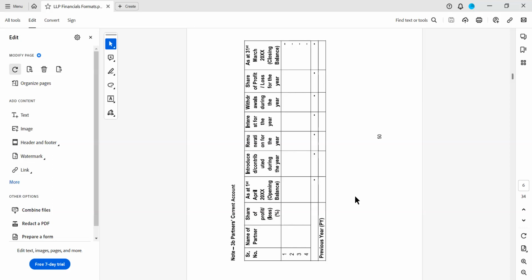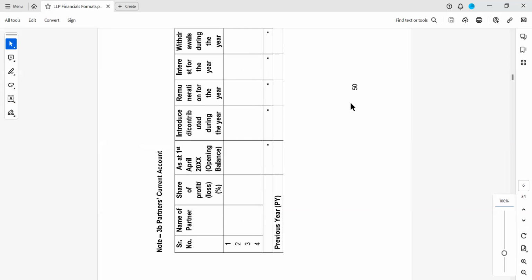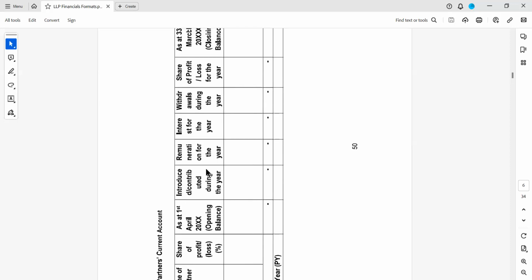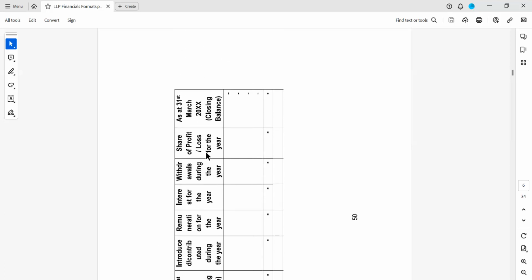See, here I will enlarge it a little further. I will share this in the group anyway. Here they have shown it in a columnar way: name of the partner, share of profit, opening balance, capital introduced, remuneration, interest, drawings, share of profit or loss for the year, and closing balance.